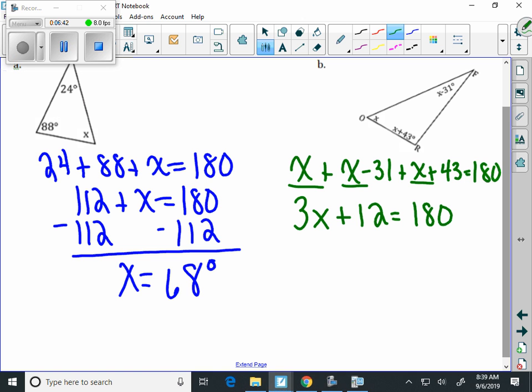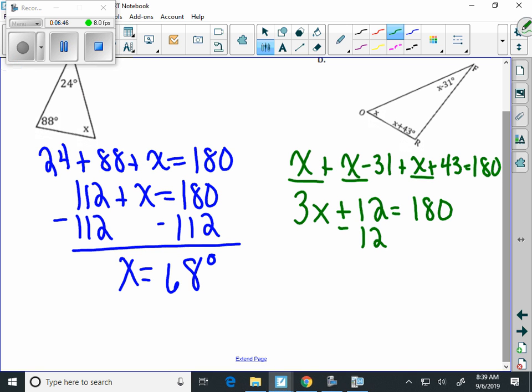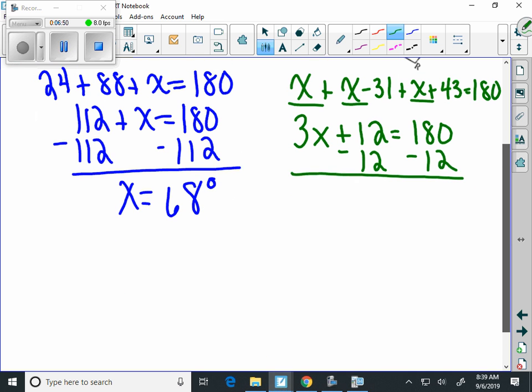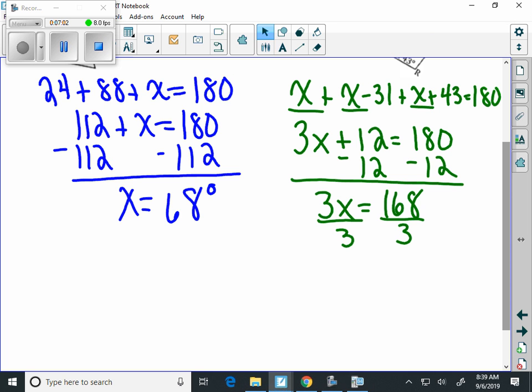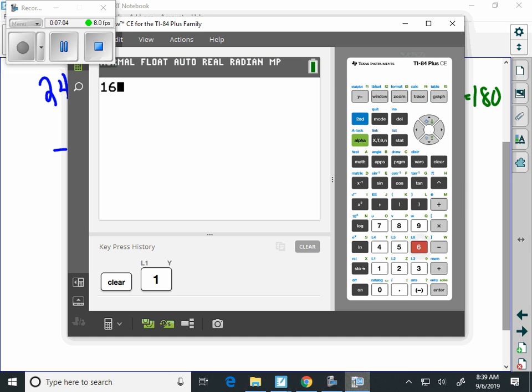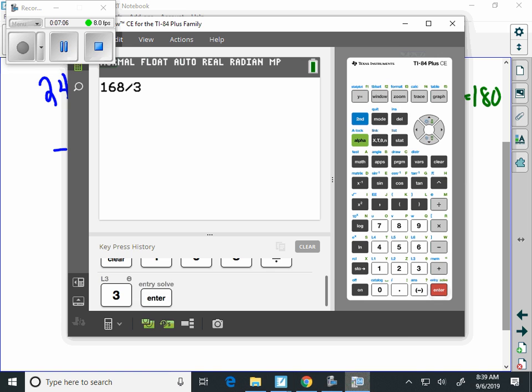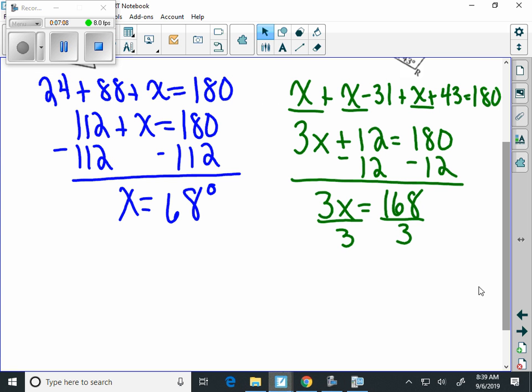Use Desmos or your calculator if you need to. Subtract 12 from both sides, and we end up with 3x equals 168. Divide both sides by 3. 168 divided by 3 is 56.